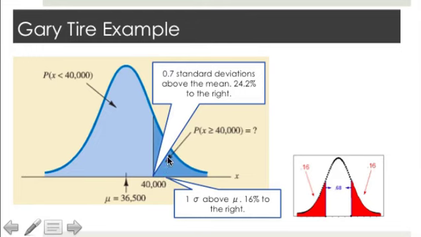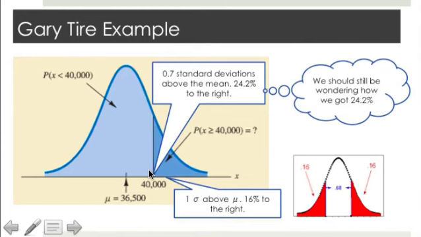So to the right of 1 standard deviation, we know there are 16% of the values, and so it makes sense that this whole region here is about 24.2%. Again, we're still wondering how the heck did we get 24.2%, but we're getting there eventually. Again, what we want you to be able to do here is link the idea of standard deviations to the normal curve and link both of those ideas to this notion of probabilities and areas.